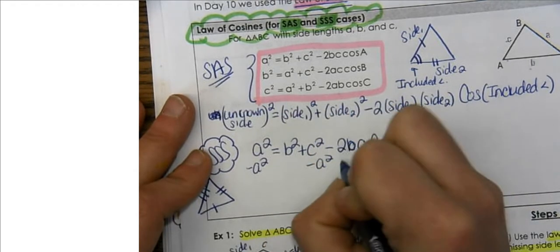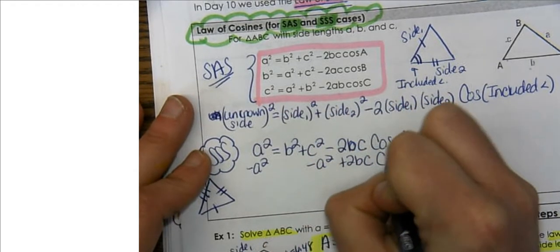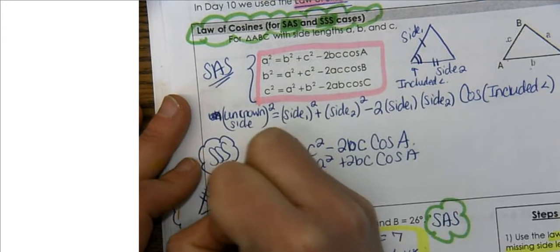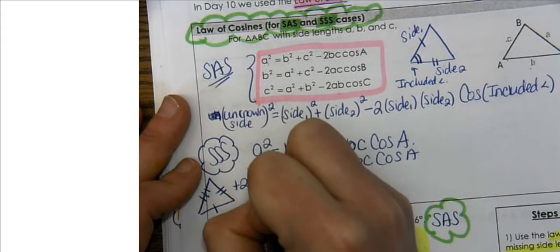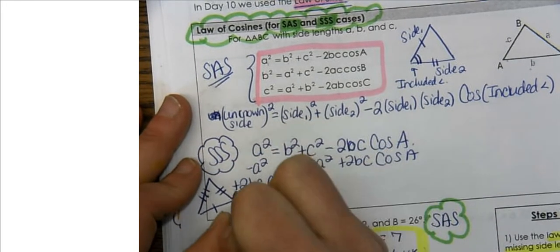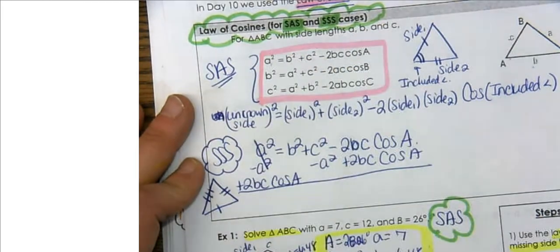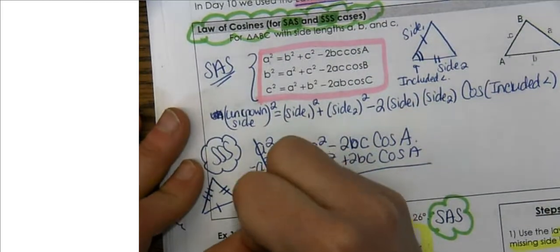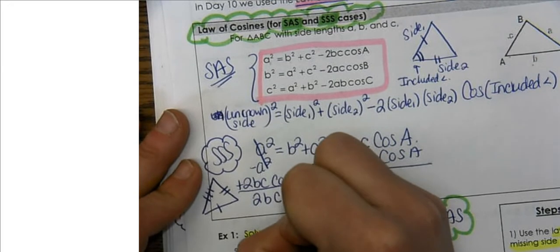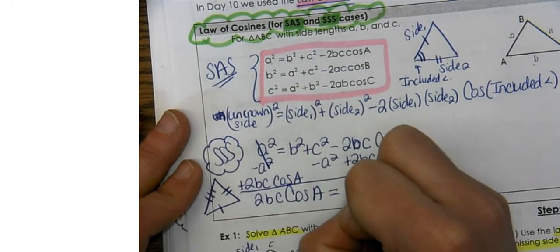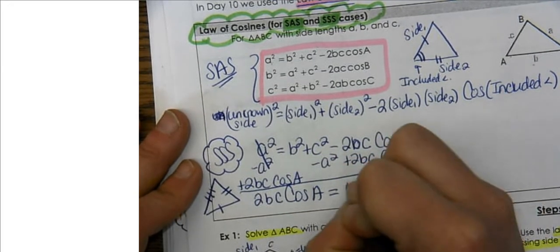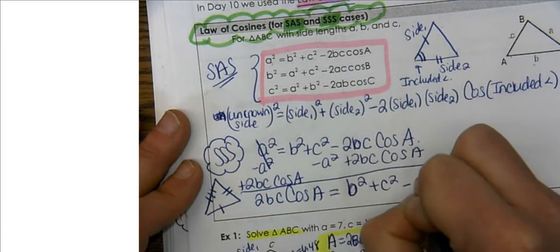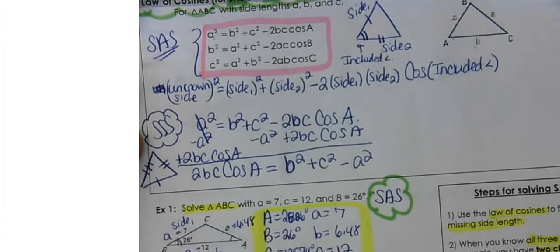And I'm going to add 2bc times the cosine of angle A on both sides. That's going to eliminate the a squareds, leaving me with 2bc times the cosine of angle A equals b squared plus c squared minus a squared. Are you with me? I know that was kind of weird.